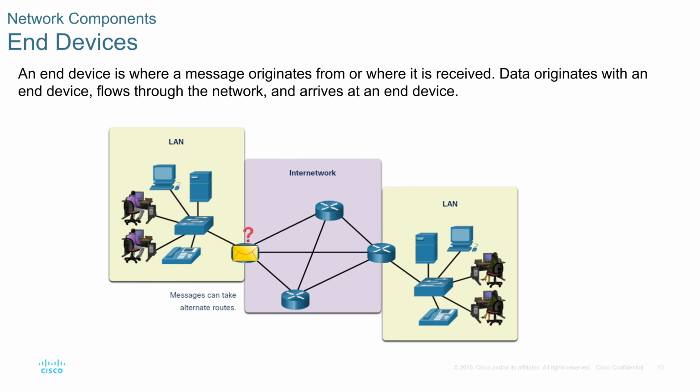The data originates with an end device, flows through the network and arrives at another end device when you submit that data across the system. For example, if this user sends an email from his end device, it goes through this network and email servers and eventually arrives at the intended recipient, who will also be using an end device, which is going to be a computer or a laptop.